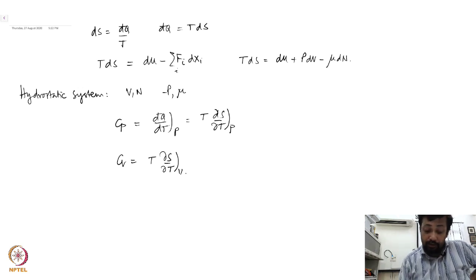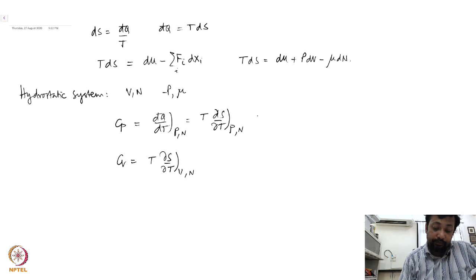Volume is being held constant, so we will keep N fixed also over here. And this is just del U del T at constant volume, right? It follows from the first law if you carefully take the derivative.